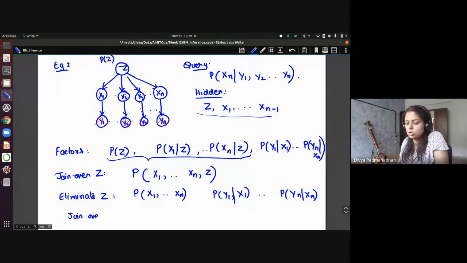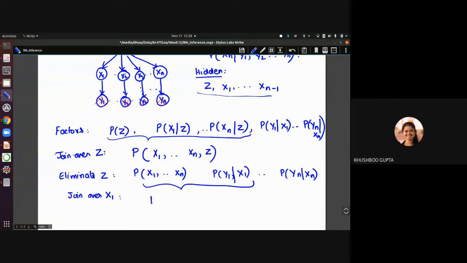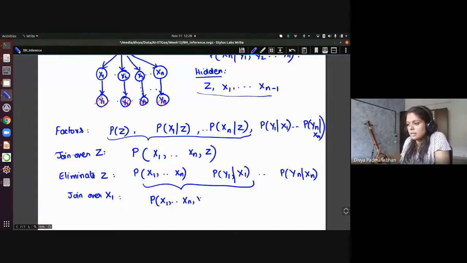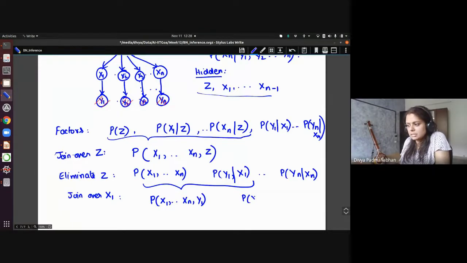Yeah, okay. So let's just do one of them. So join over x1. What do you get if you do a join over x1? Basically these two you need to join. So what's the result? P of x1 to xn and y1. And the remaining factors remain the same: p of y2 given x2 and yn given xn.